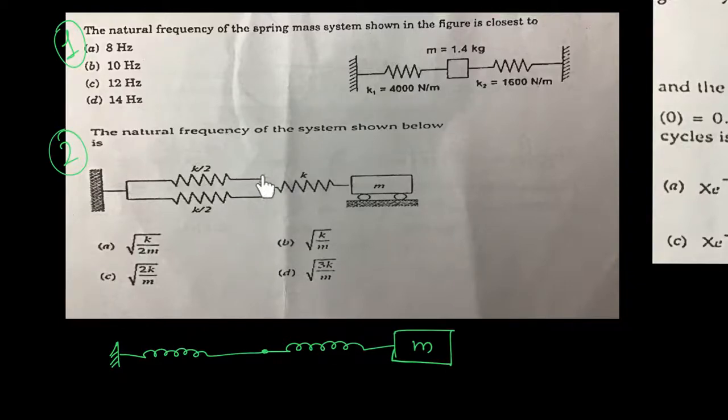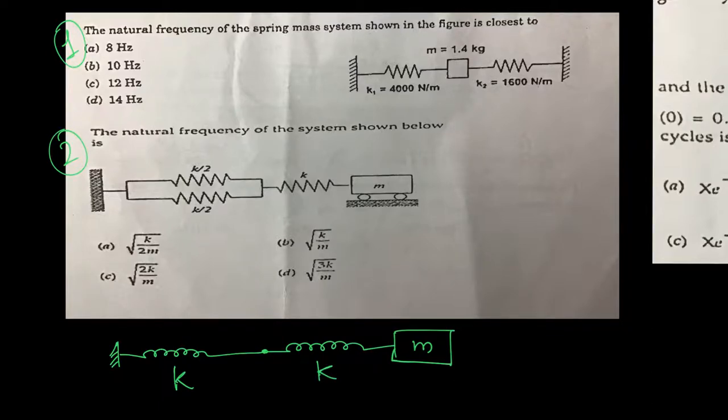These two springs are connected in parallel. That means the net stiffness offered by these two springs will be the sum. That will be K. And this particular spring will be same as that of this. So it will again have a stiffness of K.